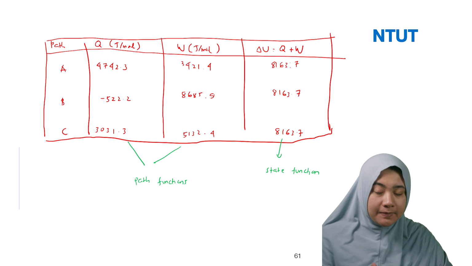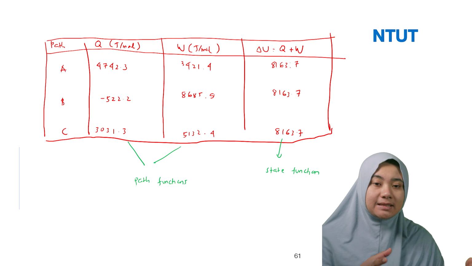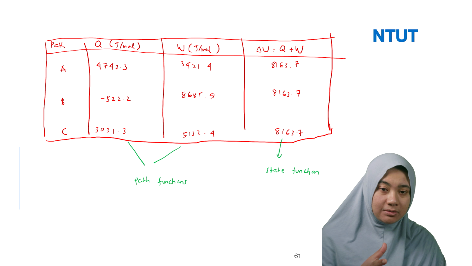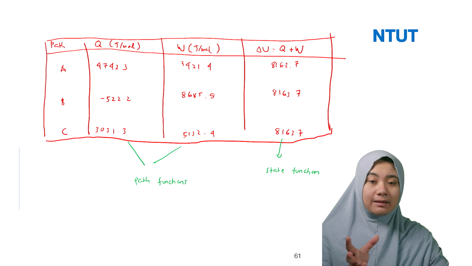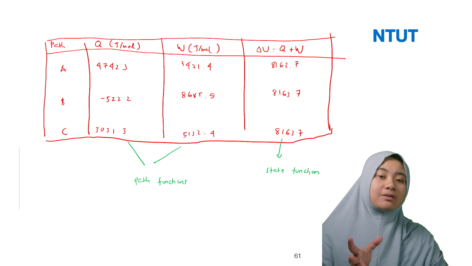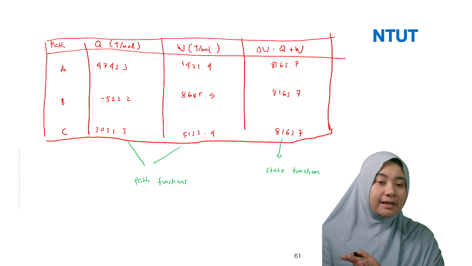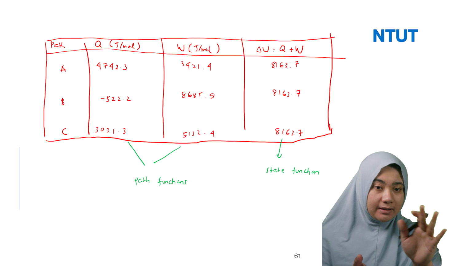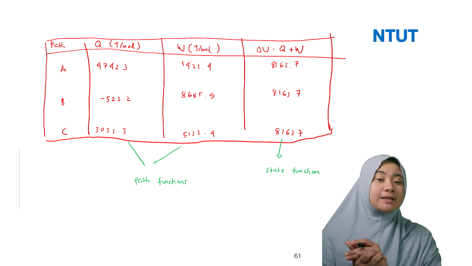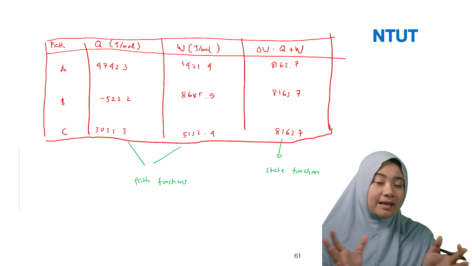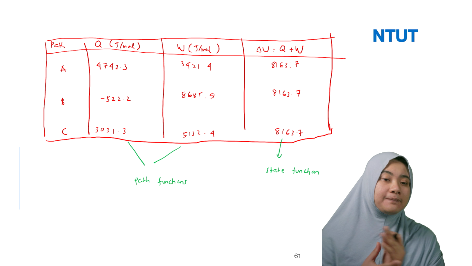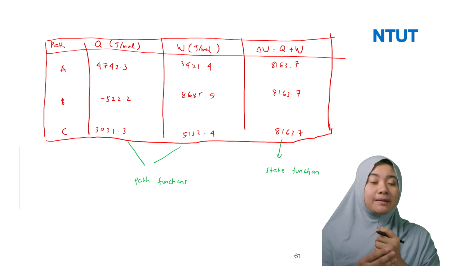If you need more work, it means you need more energy. So less work is much better compared to high work. But for delta U, it doesn't matter. All of the paths are different, but this is a state function, so it will not be affected by the path.